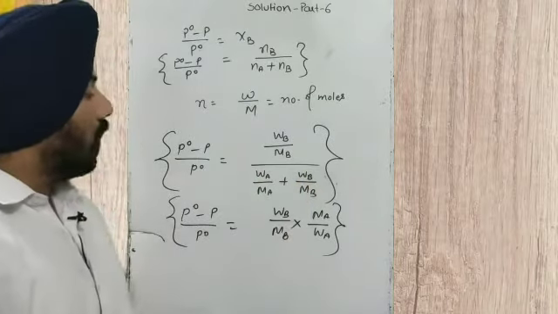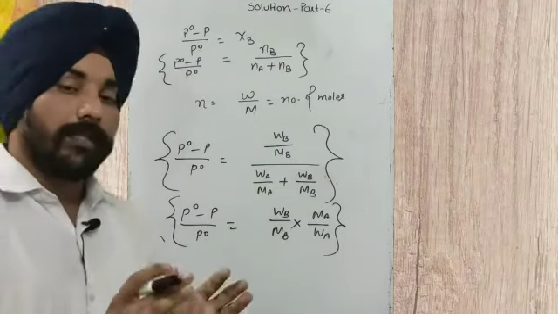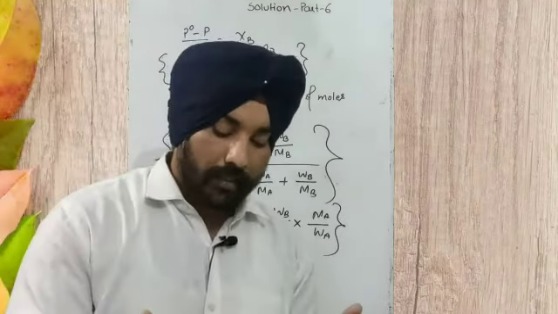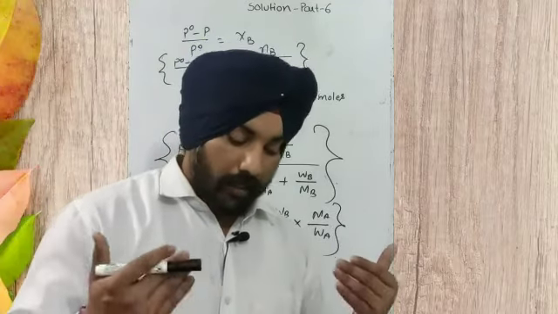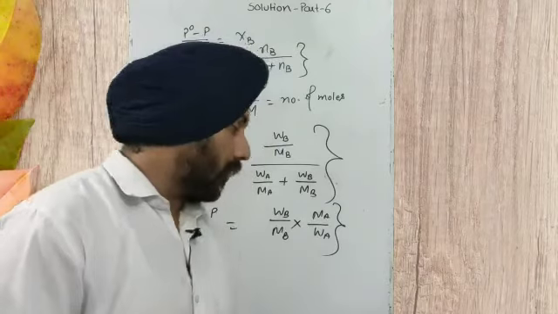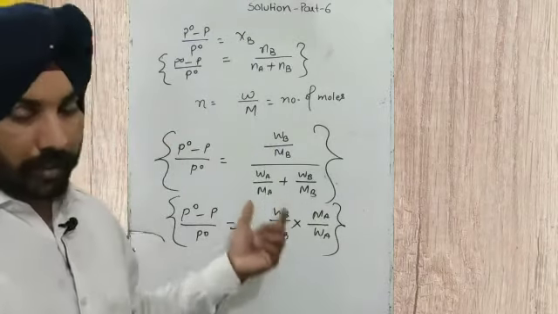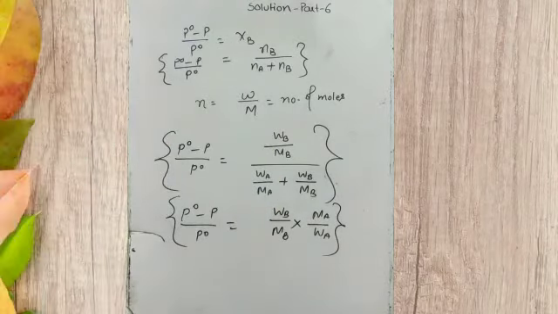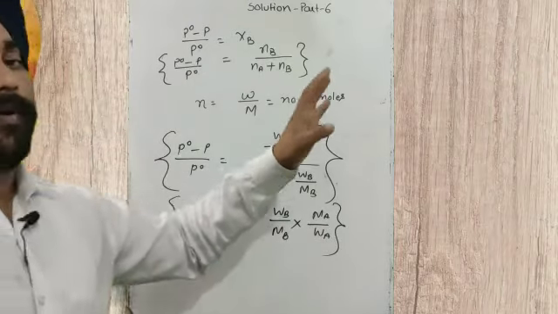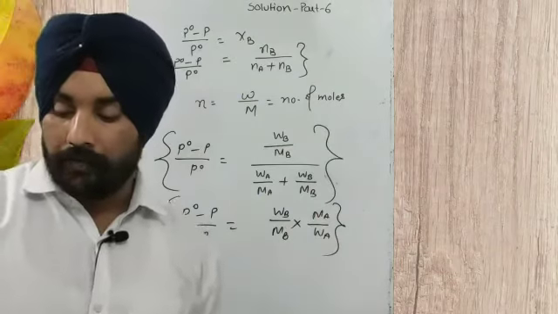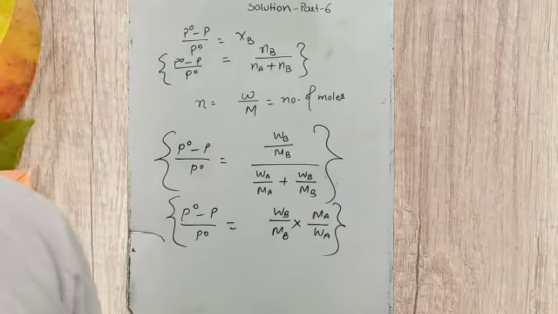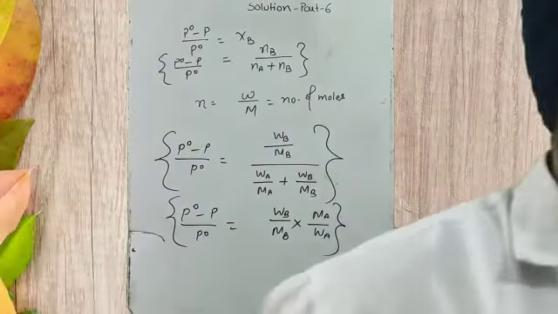So when the solution is made with solvent in huge quantity and solute in a smaller quantity, then we use this formula. So keep this formula in mind. This was the relative lowering of vapor pressure. I think I have explained a lot about this.